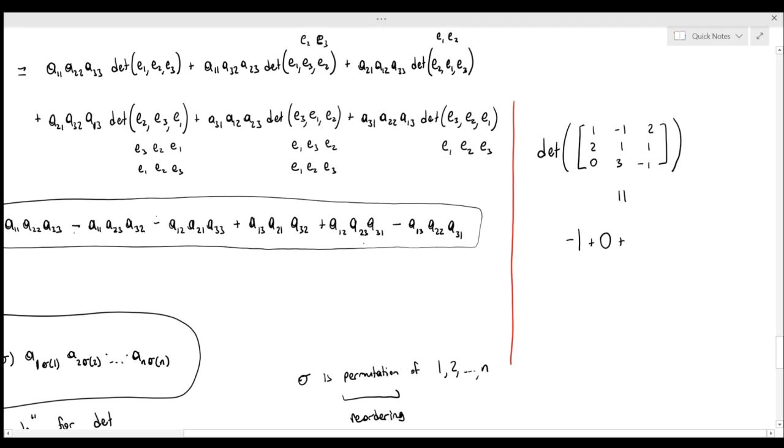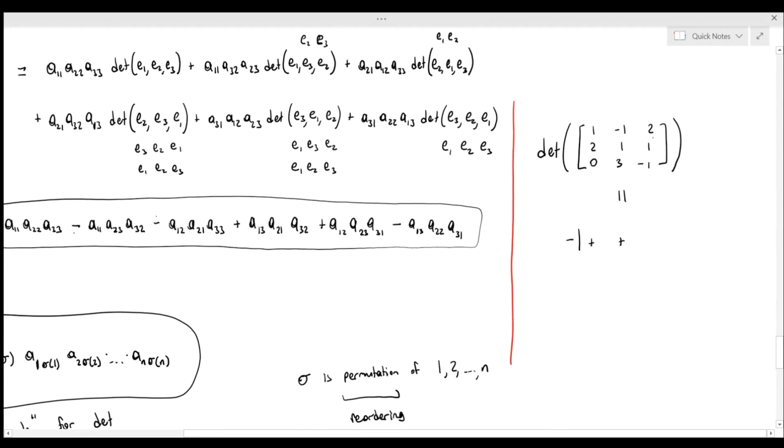And let's do this one next. A12 is this one here. Oh, did I do that wrong? A13, sorry. This one A13 is actually over here. That's my bad. First row and third column.